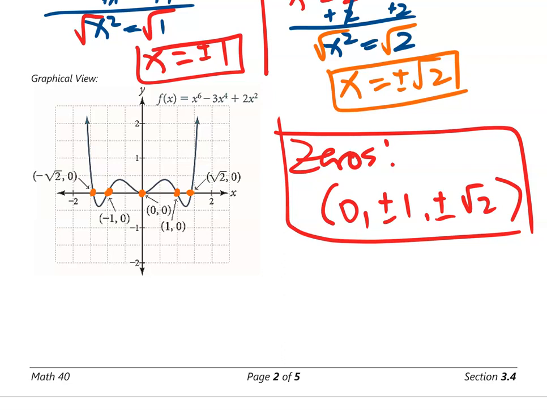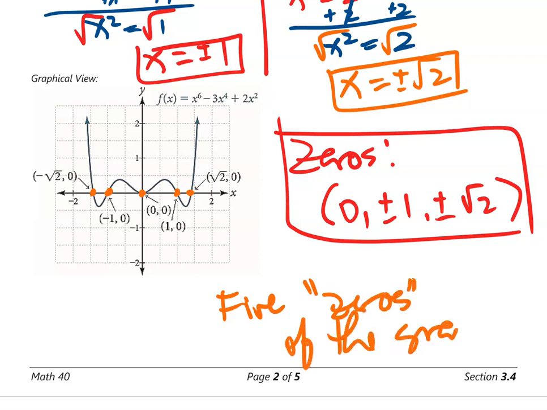So we have 5 zeros of the graph. So you have those 5 x-intercepts, 5 points on the x-axis.